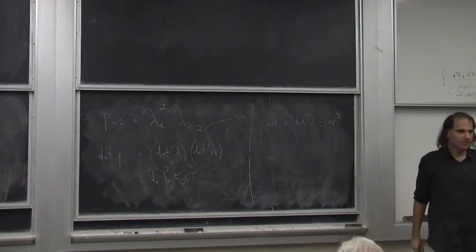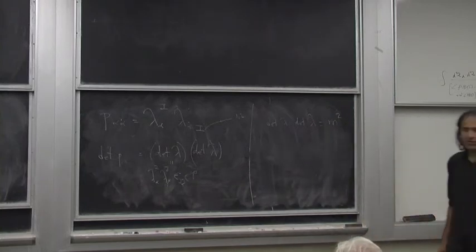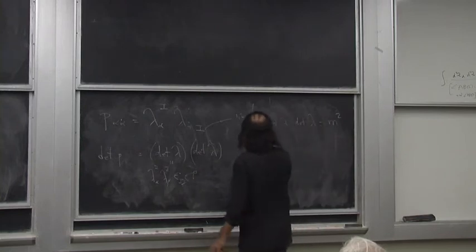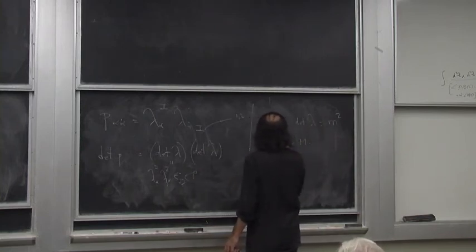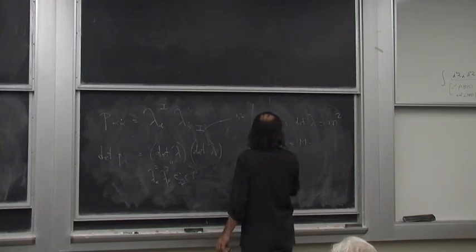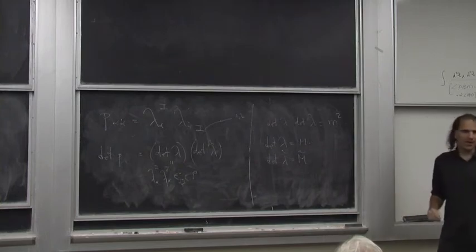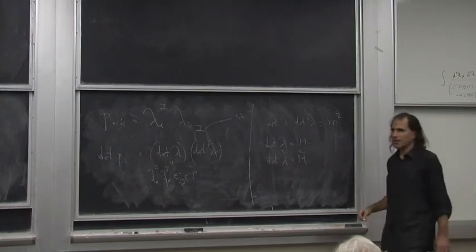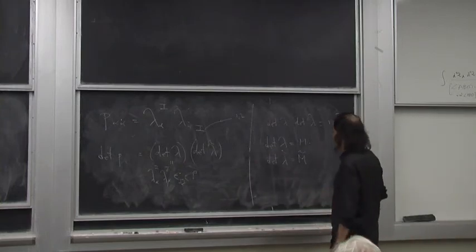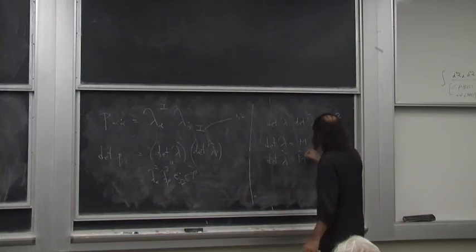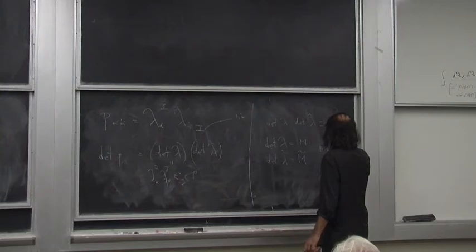Okay? So now there's a little choice to make. We could write that det lambda is equal to some capital M, that det lambda tilde equals capital M tilde. And that's the kind of thing you're tempted to do. This is perfectly fine, but M and M tilde would have to satisfy the constraint that M times M tilde is equal to m squared.